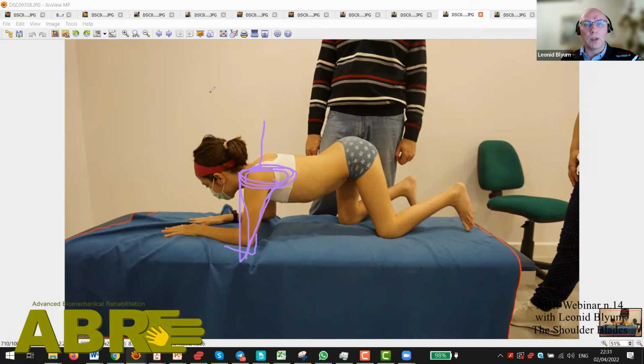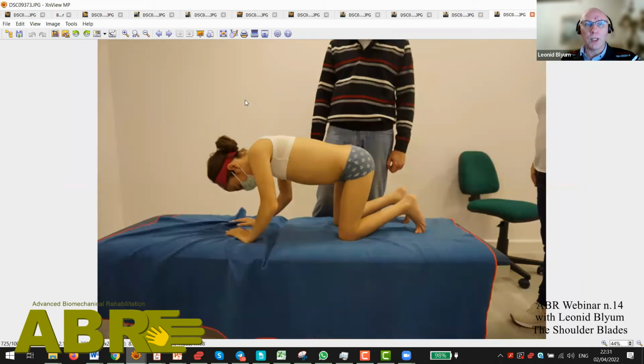And if we look at it like this, now this is a bigger cone, right? So this bigger cone is more difficult to stabilize than the small cone. So that's the logic that we have to keep in mind.